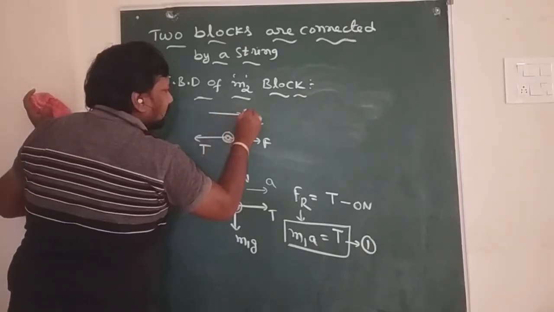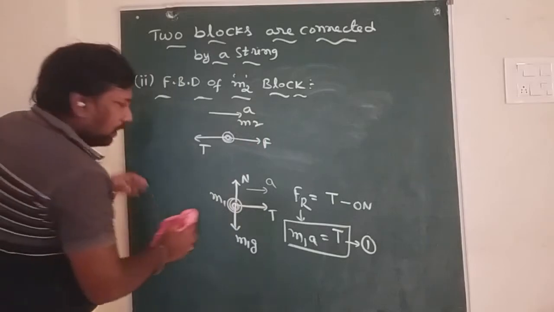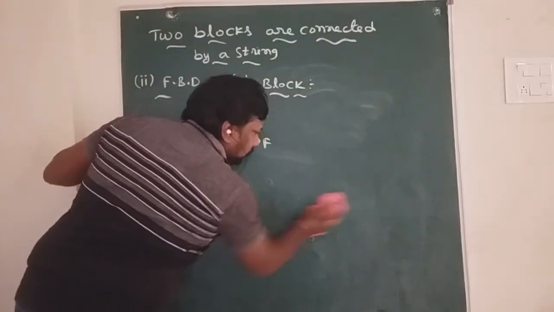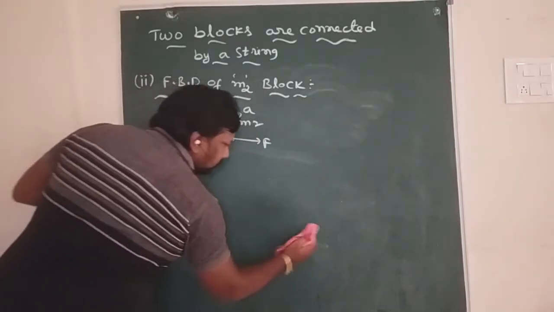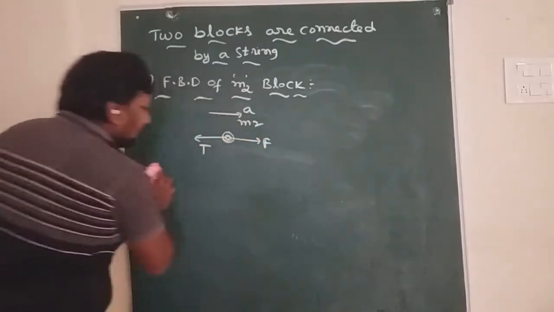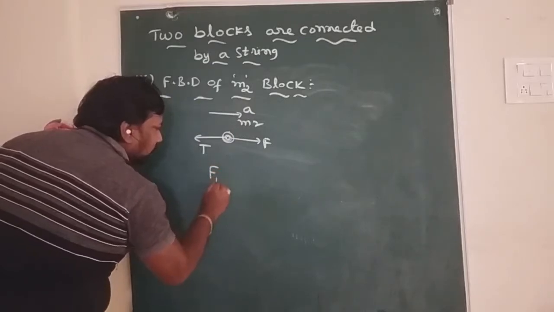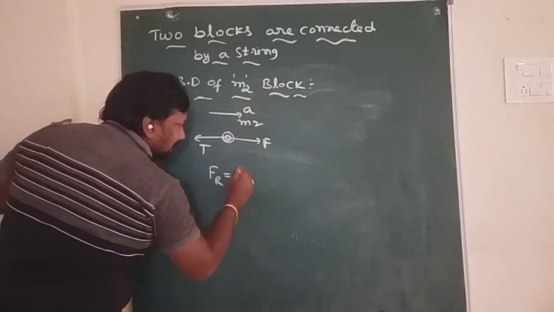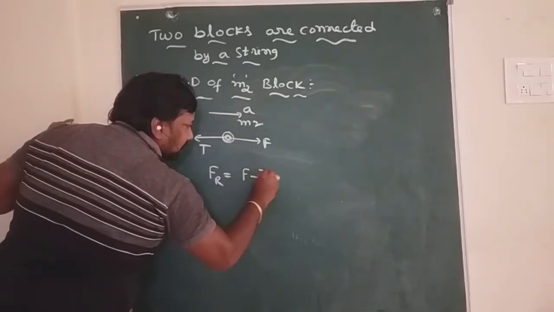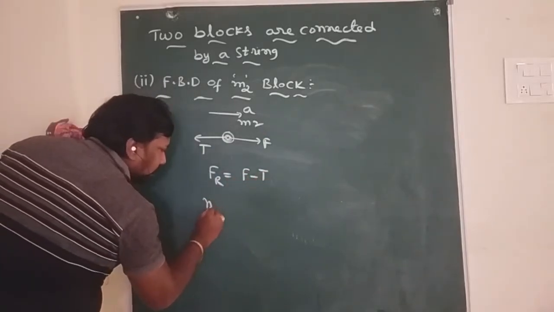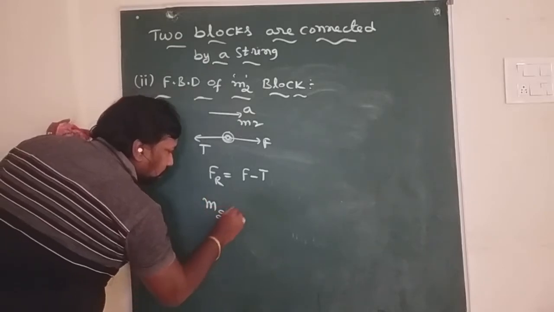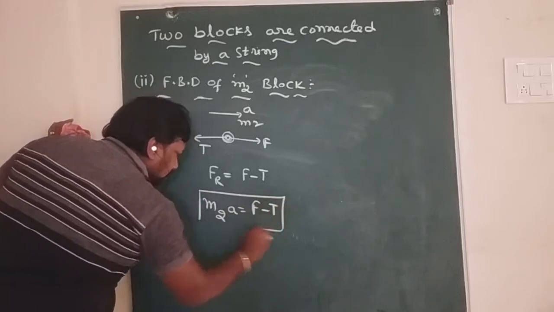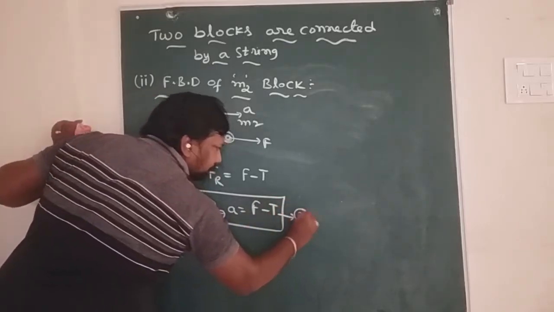The acceleration of the block is in the pulling force direction. Therefore the resultant force acting on the block, Fr equal to F minus T. According to Newton's second law, M2A equal to F minus T. So this is equation number 2.